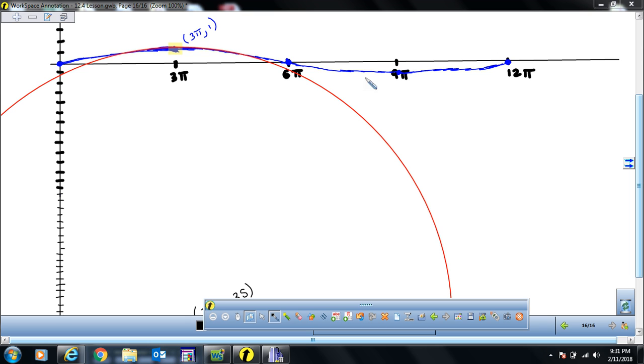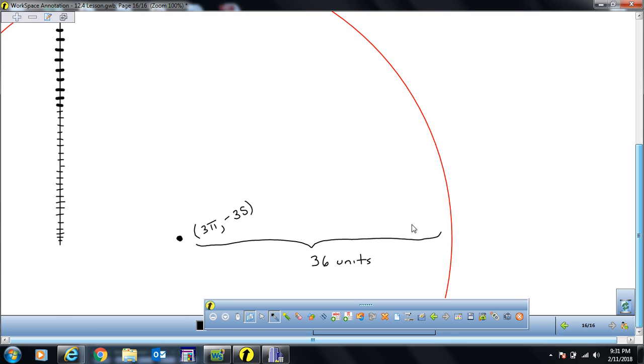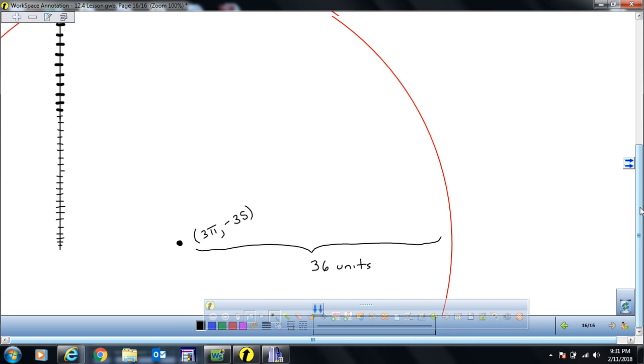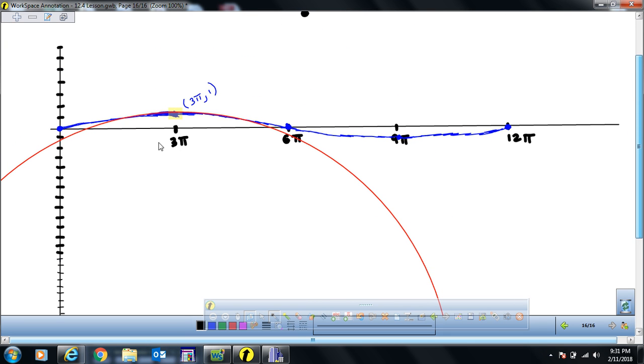So basically it's 9 and something. So once it reaches all the way right here, which is the edge of the circle, it should be about 36 units long. And that circle has an equation of (x minus 3 pi) squared plus (y plus 35) squared equals the radius squared, which is 1296. And that's the circle of curvature right at this point.